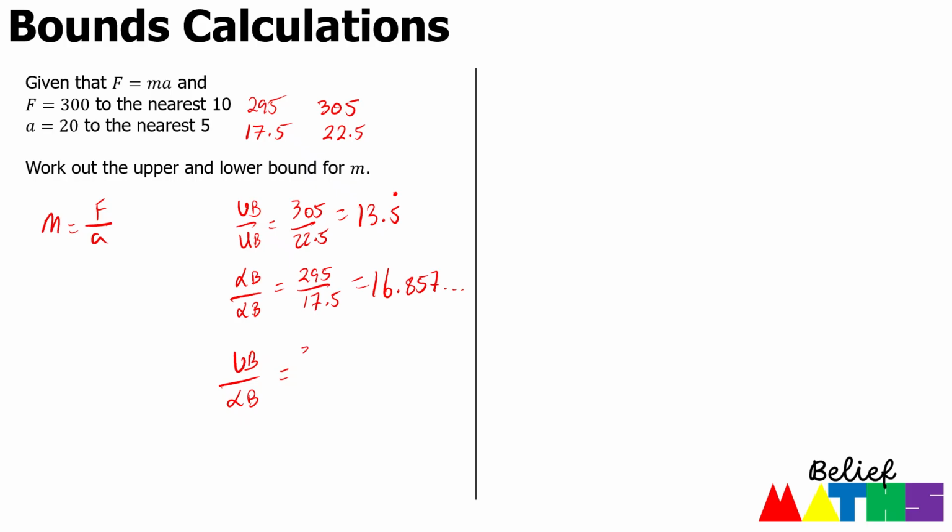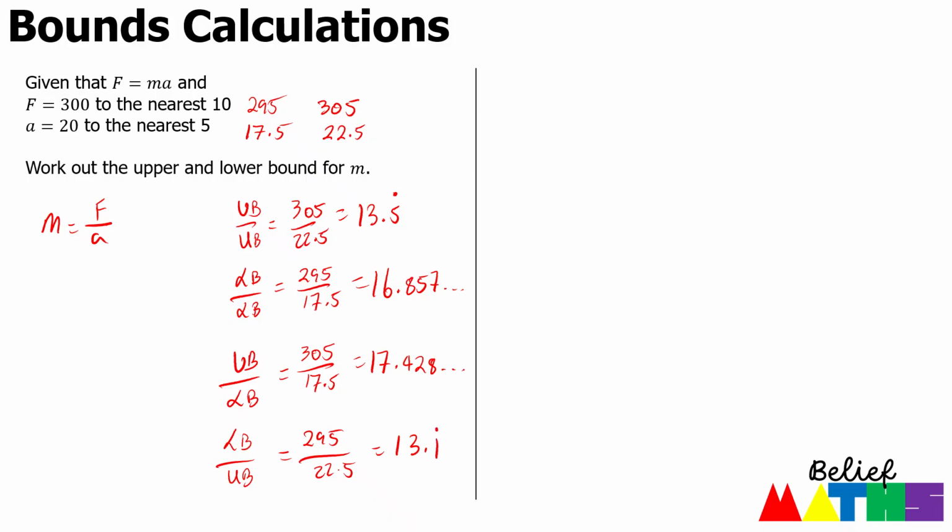So that would be 305 divided by 17.5, which gives us an answer of 17.428, etc. And then finally you could do the lower bound divided by the upper bound. So we're doing 295 divided by 22.5, and that gives us an answer of 13.1 recurring.